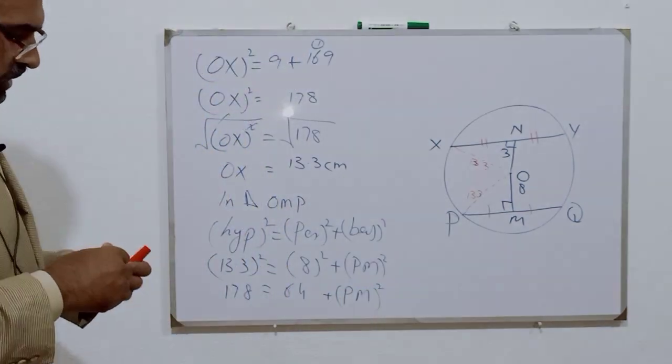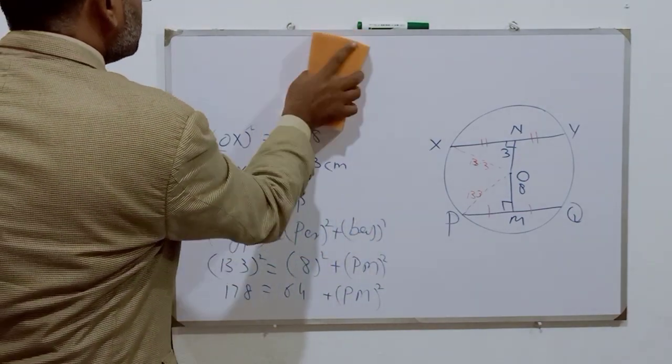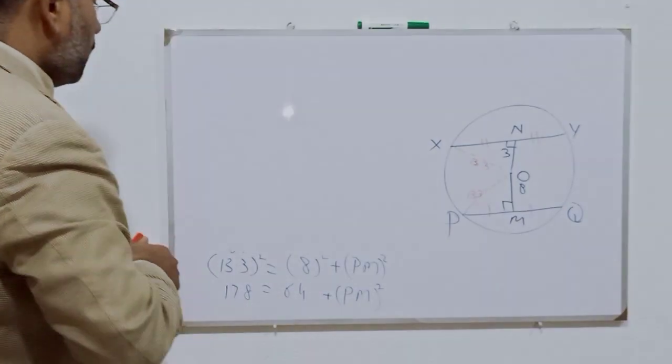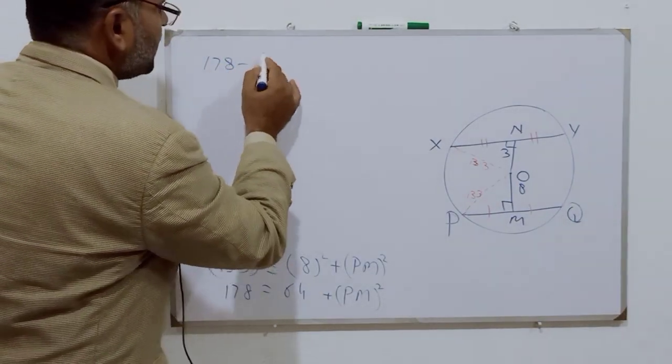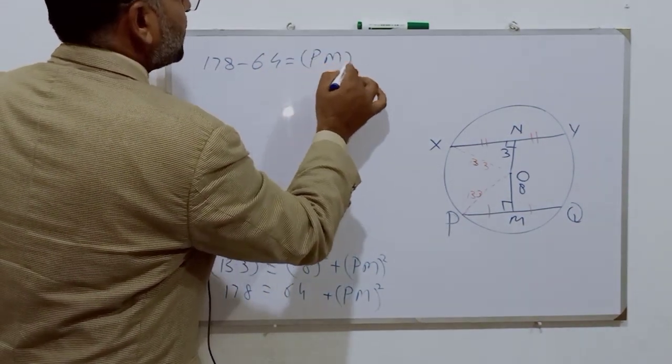Now students, 64 is plus on the right side. When I transfer it to the left side, it will become minus, and I will write 178 minus 64 is equal to PM square.